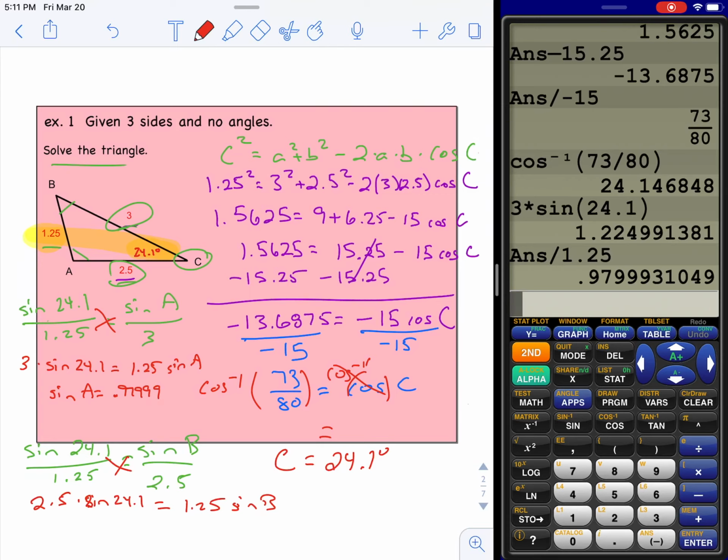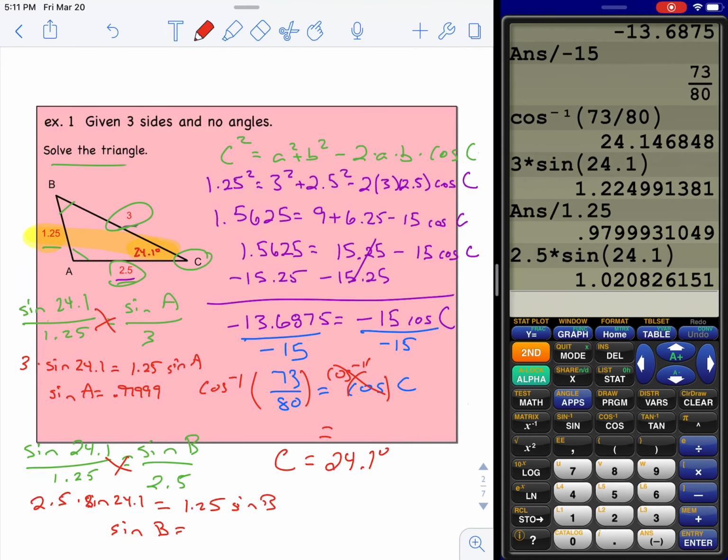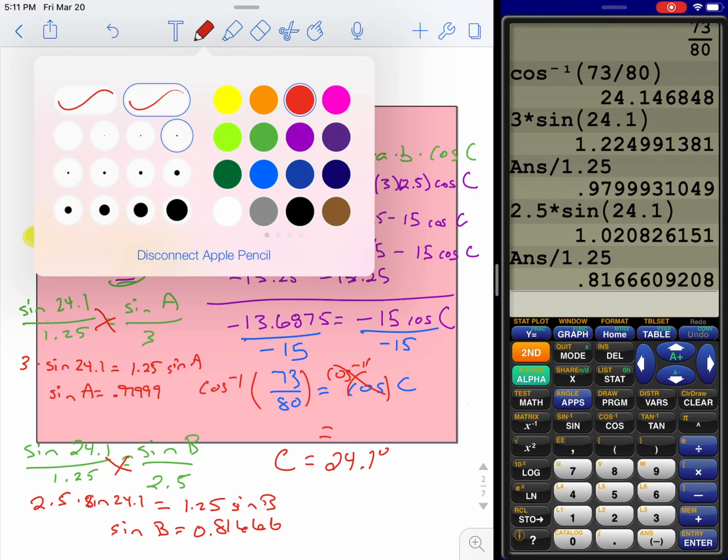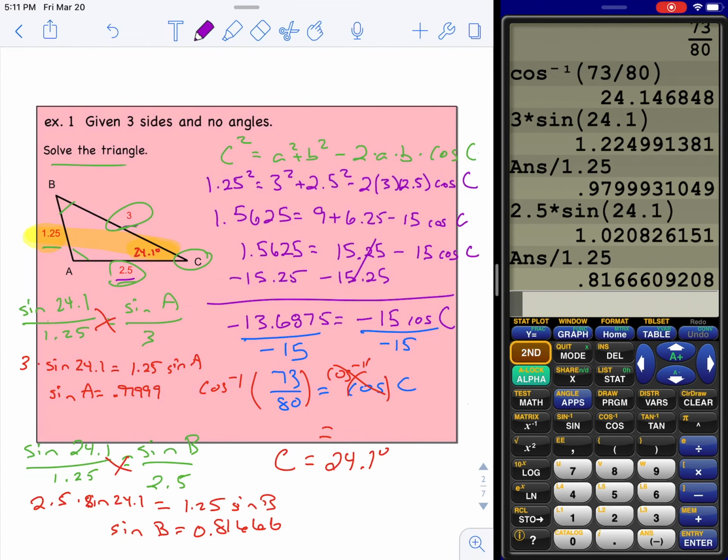And here, the sine of B, 2.5 times the sine of 24.1 divided by 1.25, is 0.81666. All right, I'm going to use my inverse sine then to get to my final angle.